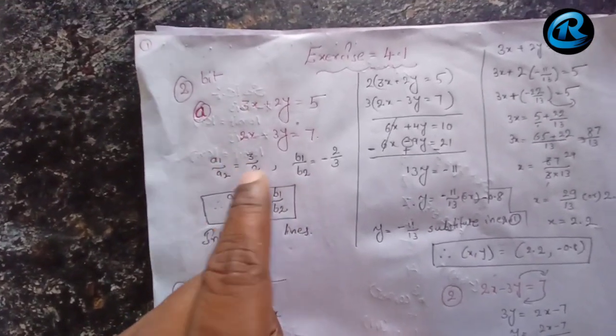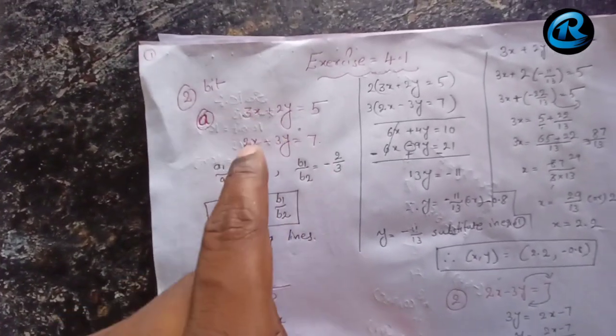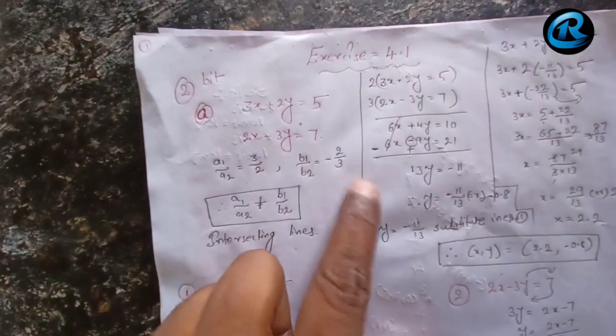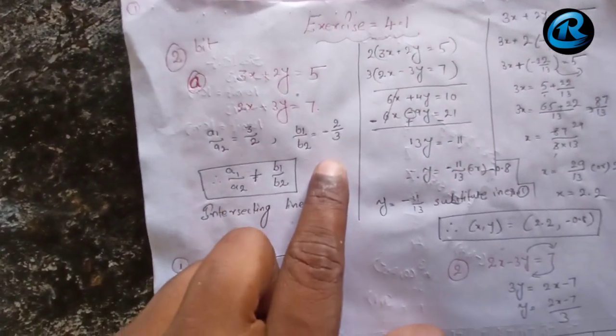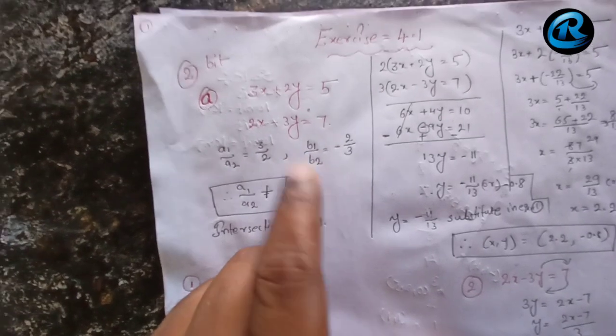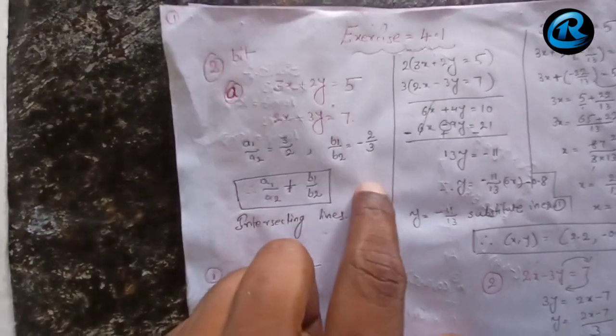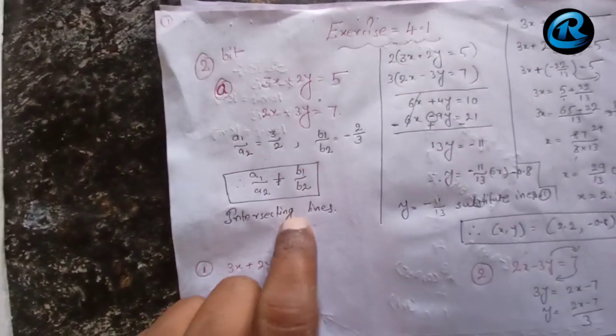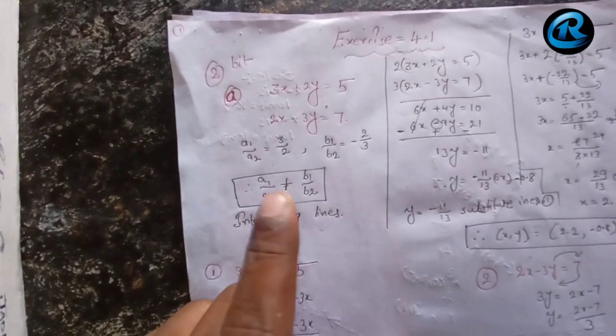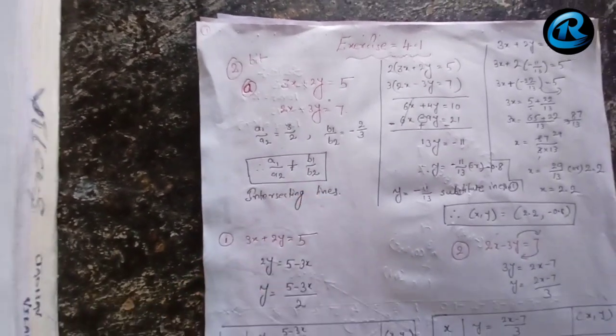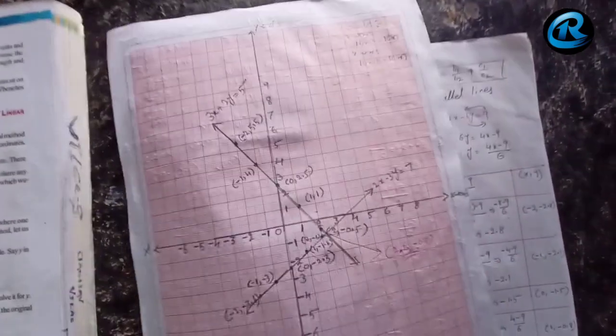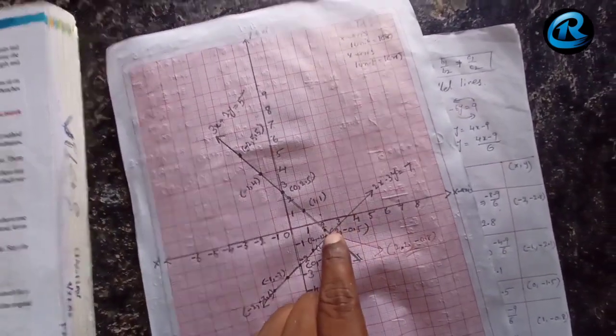Here a1 by a2 equals 3 by 2, b1 by b2 equals 2 by minus 3, so minus 2 by 3. a1 by a2 is not equal to b1 by b2. That means definitely the lines are going to intersect. We should know where the lines are going to intersect.